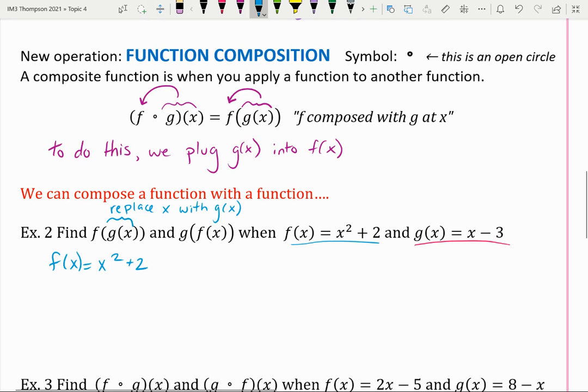Instead of evaluating f at x, I'm going to evaluate f at g of x. So I'm doing this one first. F at g of x. So this was f of x. I took out the x and I'm replacing the other function. So I'm color coordinating mine. Maybe it'll help you follow along.